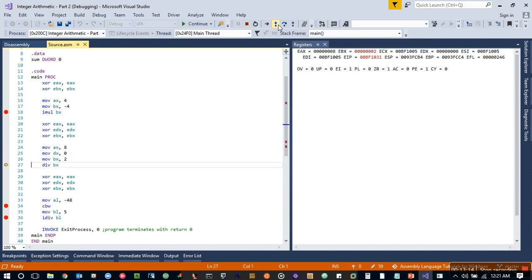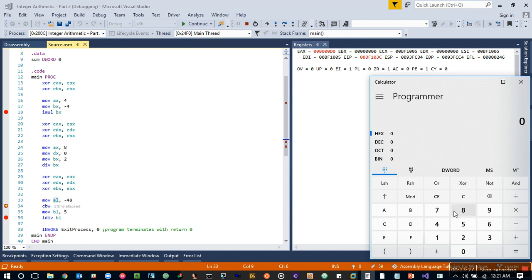We'll talk about the division instruction. Okay, so now we have minus 48 stored in the AL register. Let's see what we have here. D0 is 208. So now you know what's happening there. In decimal it would be minus 48.